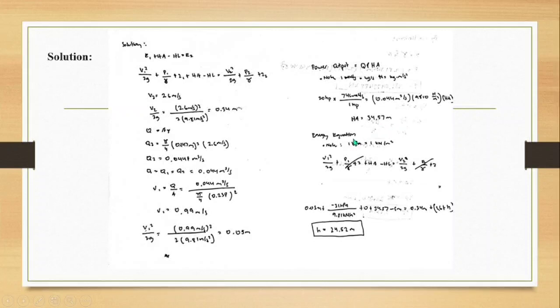So next is our energy equation. Note that 1 kPa equals 1 kilonewton per meter squared.